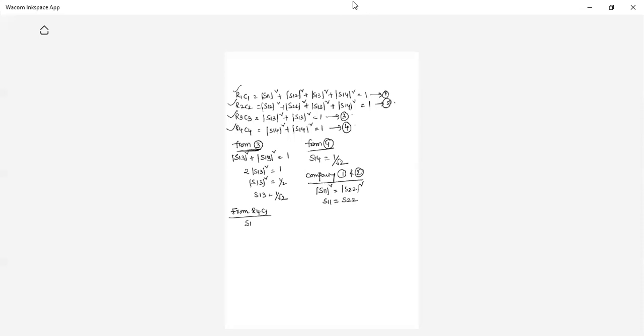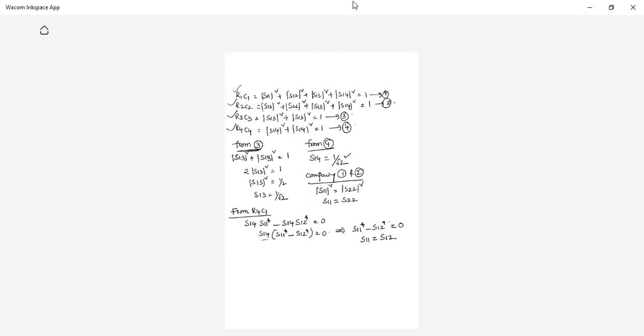What is the expression we can write? S11 S11 star minus S14 S12 star. If I take S14 common, you are going to get S11 star minus S12 star is equal to 0. Since S14 is equal to 1 by root 2, this term doesn't become 0. The term that becomes 0 is S11 star minus S12 star is equal to 0. From this, S11 is equal to S12.